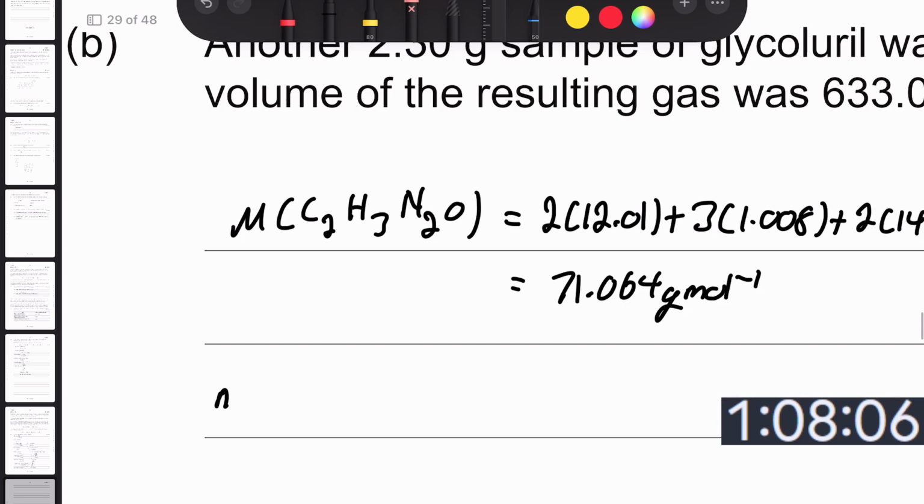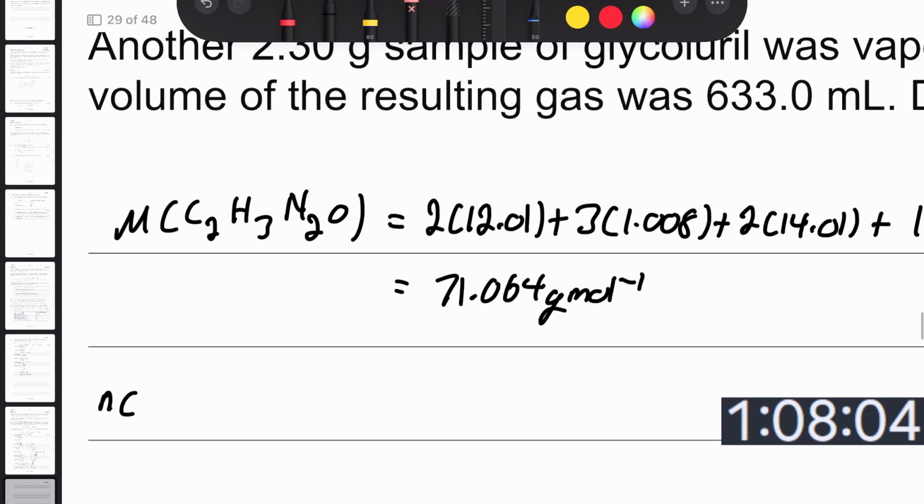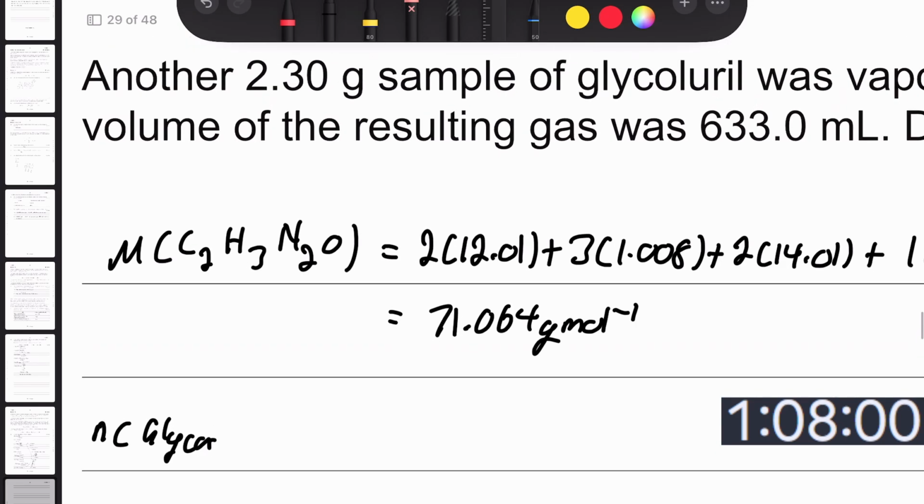So the number of glycerol is going to be equal to PV over RT.